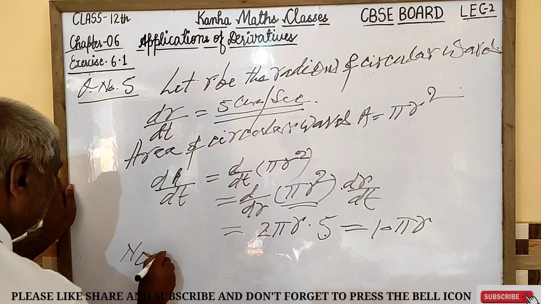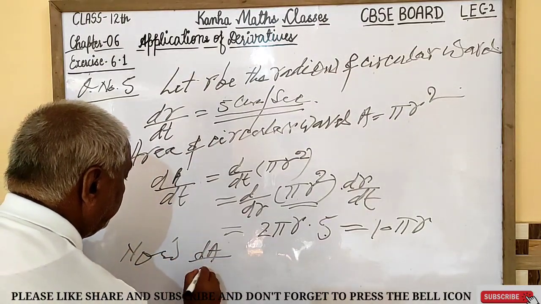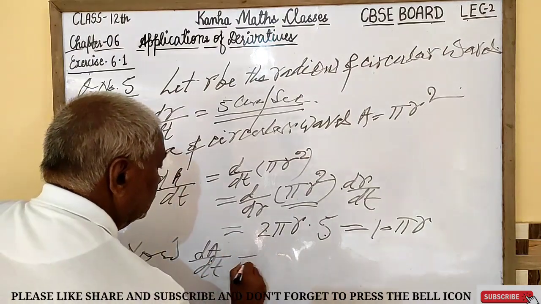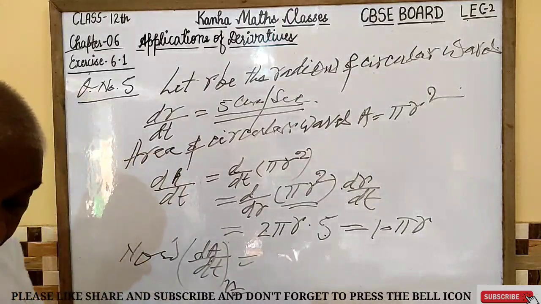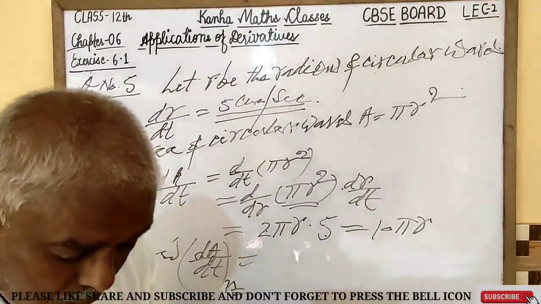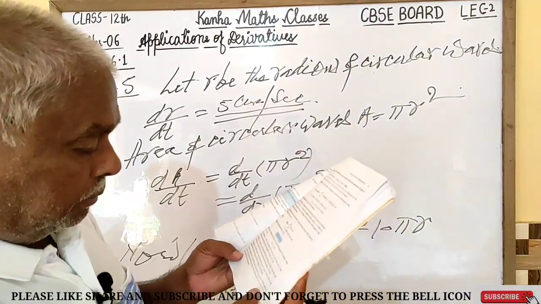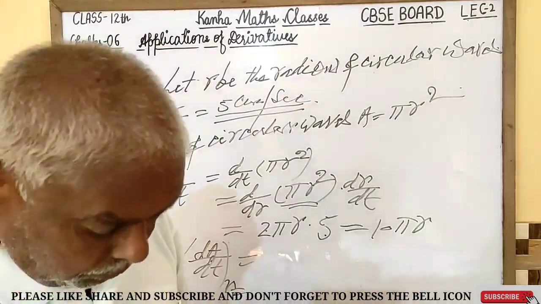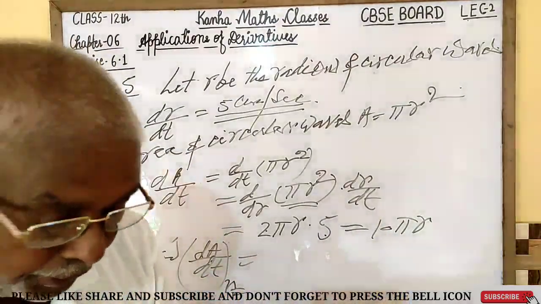Now, dA by dt at r equal to, let us see what the value of r is. The value of r is given as 8 centimeter.